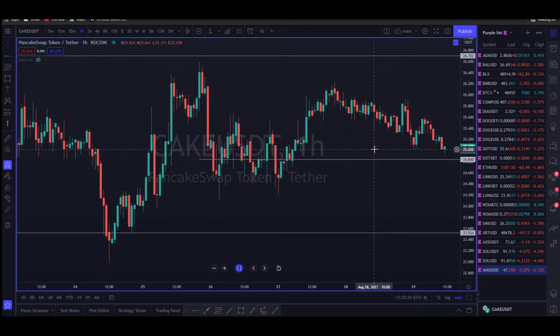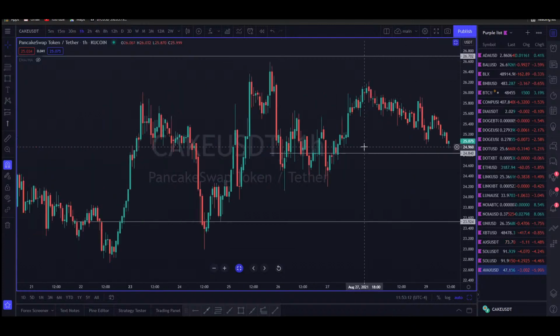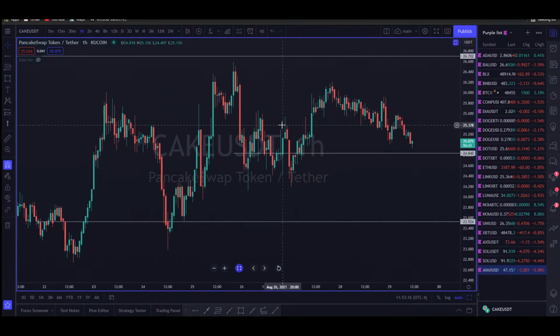If it's aggregating quickly to the upside, then it's bullish. If it's aggregating very fast to the downside, it's bearish. This is more or less consolidation, just going through the motions. So that's the level to watch, 2484.